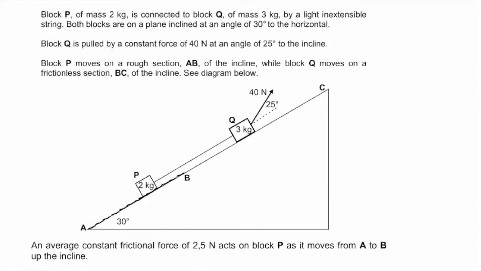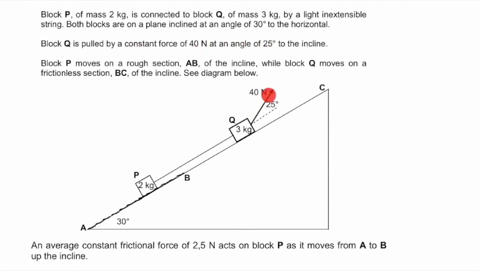Now, in this last question from 2019, they tell us that a block P of mass 2 kilograms is connected to Q, of mass 3 kilograms, by a light inextensible string. Both blocks are on a plane inclined at an angle of 30 degrees to the horizontal, and that is in our diagram. Q is pulled by a constant force of 40 Newton at an angle of 25 degrees.